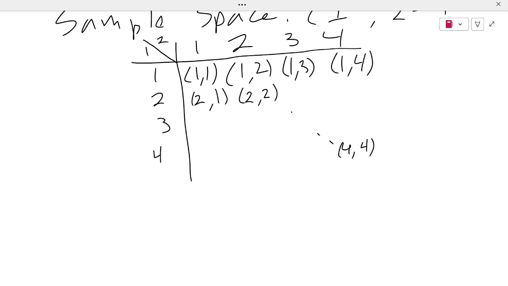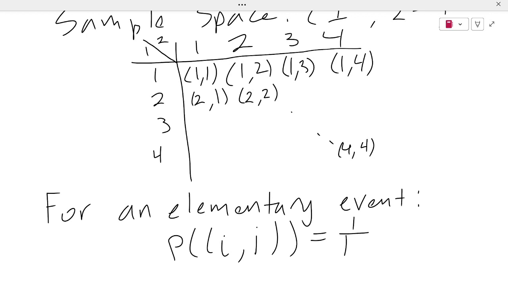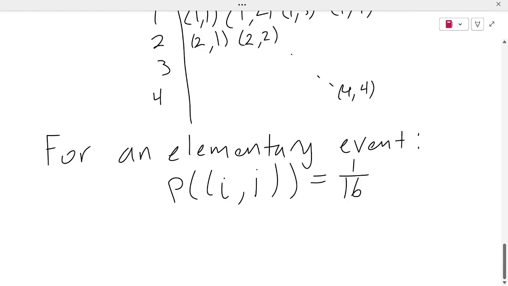And then what's nice about elementary events is, in this case, they're going to have the same probability. There's an equal chance that I get every single one of these. So what we can say, using that more intuitive classic probability model, for an elementary event, the probability that we get some outcome i, j is equal to 1/16th. And this is for all i and j as long as they're within the possibilities of what we can roll.